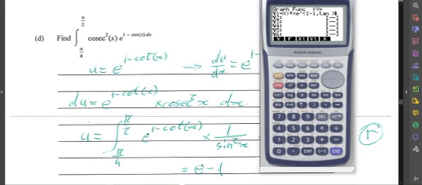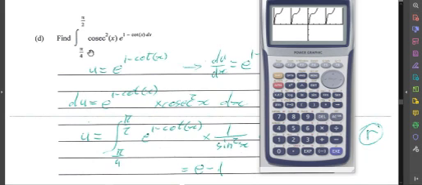Yes. And close that bracket there. Execute. Let's draw it. All right. And I want it between pi over 4 and pi over 2. And now I go Shift G solve.